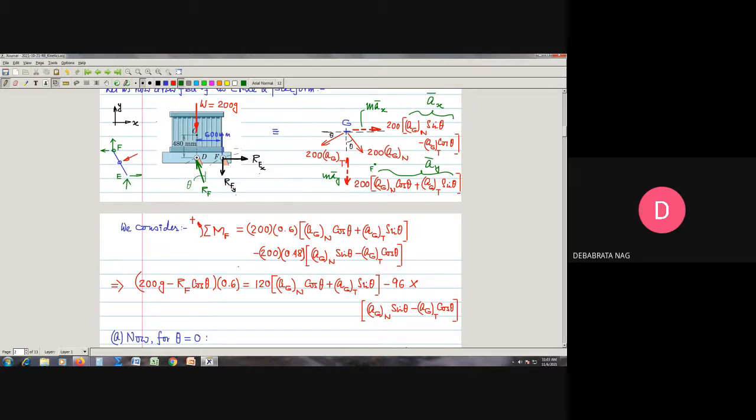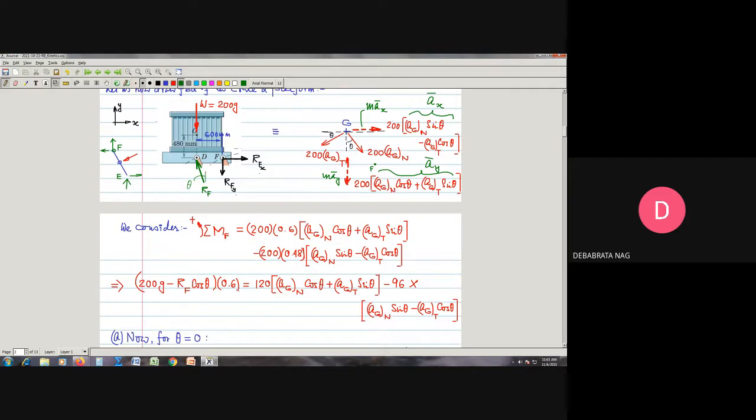Now if we take the summation of moments about this point F, then from here it will be 200 g minus RF cos theta into this distance, that means 0.6, that must be equal to 120 into this whole thing.